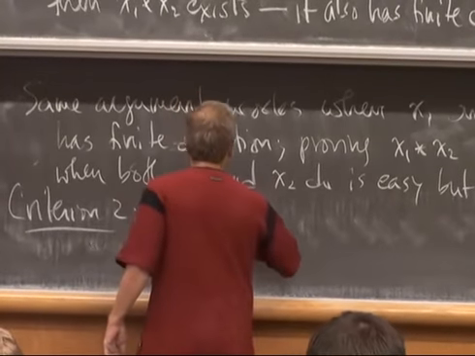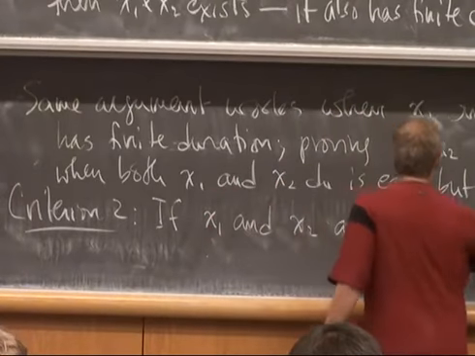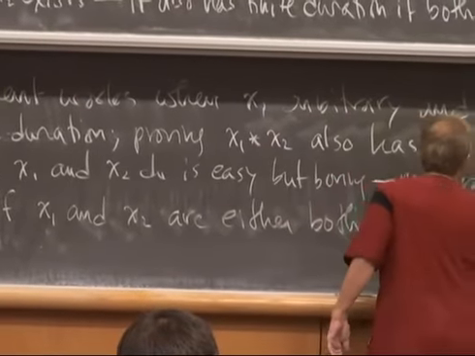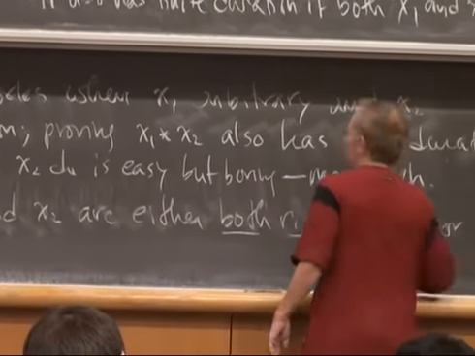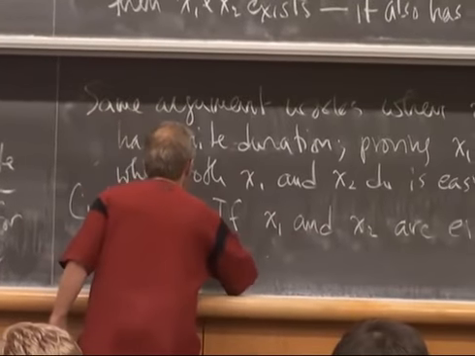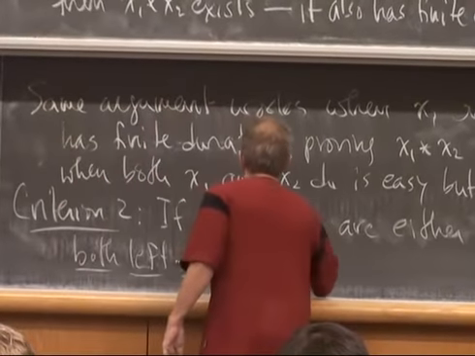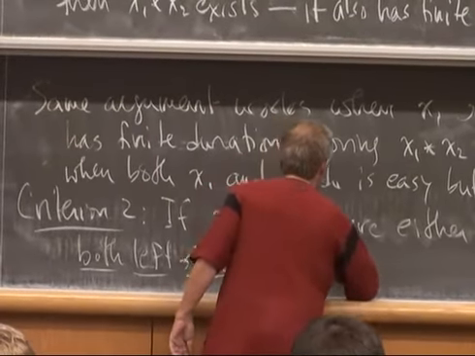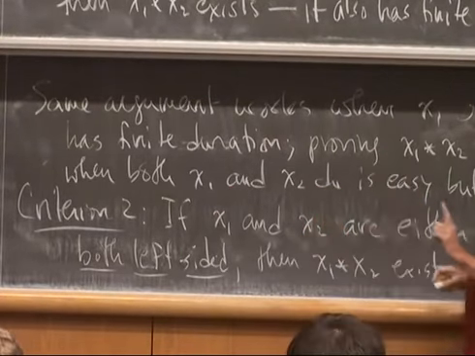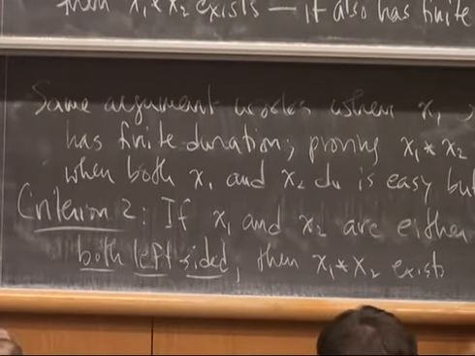If x1 and x2 are either both right-sided or both left-sided, then their convolution x1 convolved with x2 exists and has the same sidedness that x1 and x2 share.